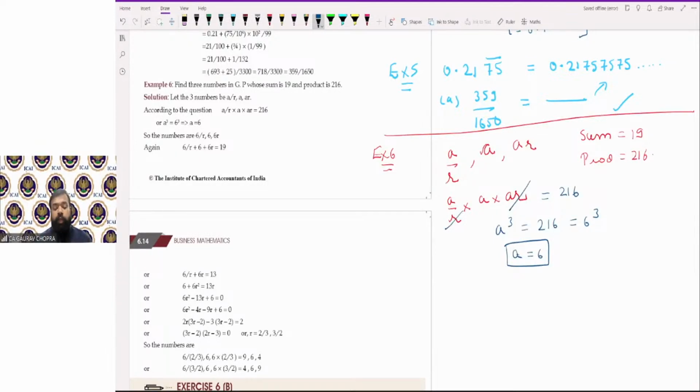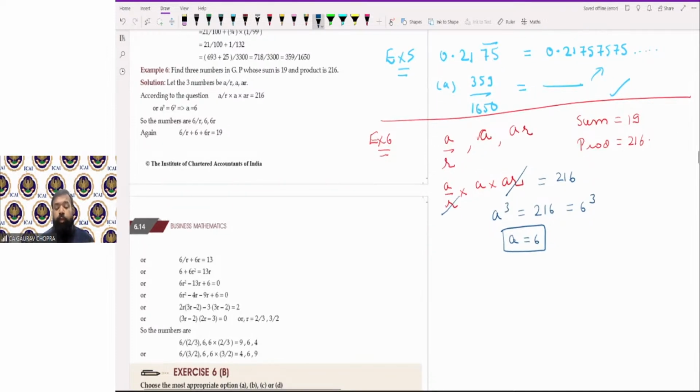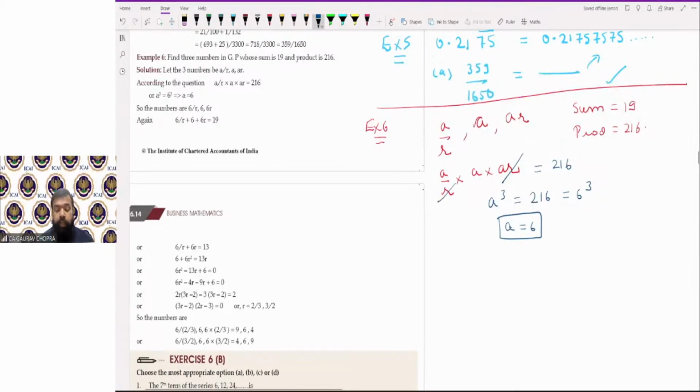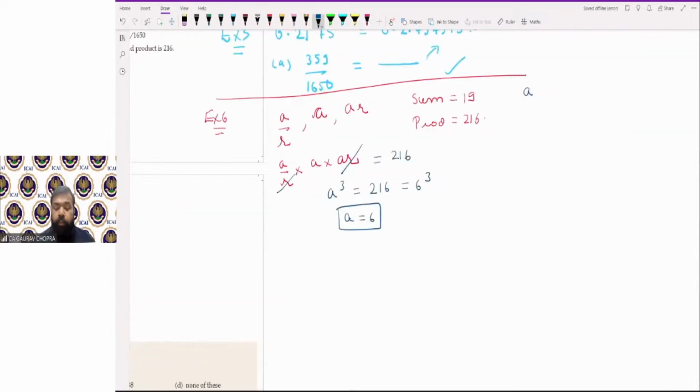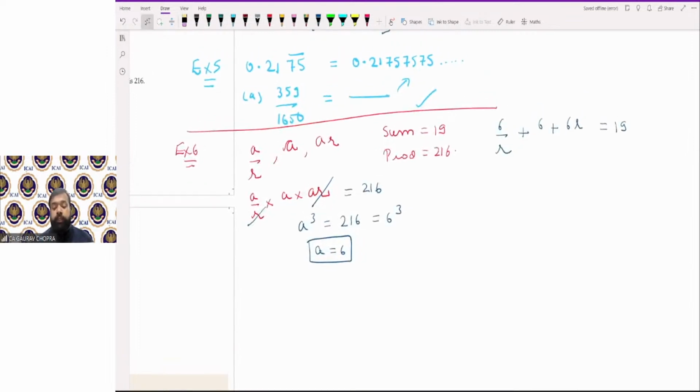तो a का वैल्यू कितना आ चुका है आपके पास? 6. Now you can apply the formula for sum. Sum का formula, तो a upon r, so it will become 6 upon r plus 6 plus 6 into r is equal to 19. So sum of these three numbers is 19.